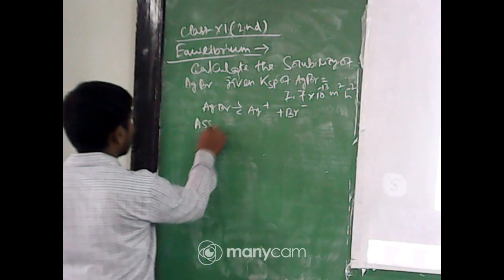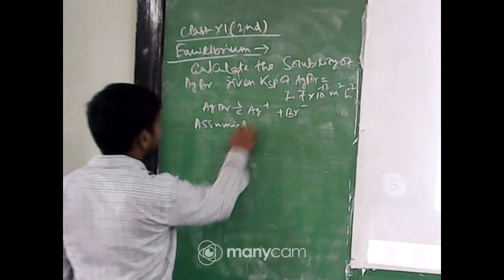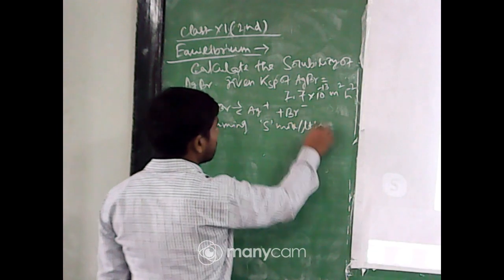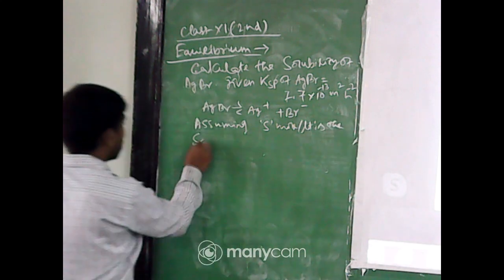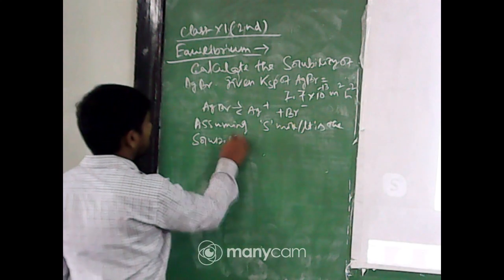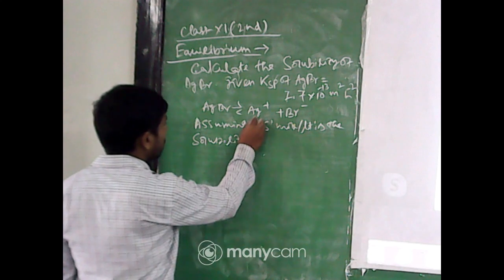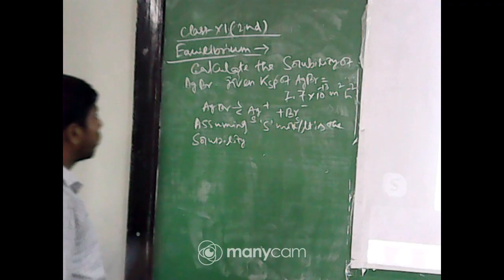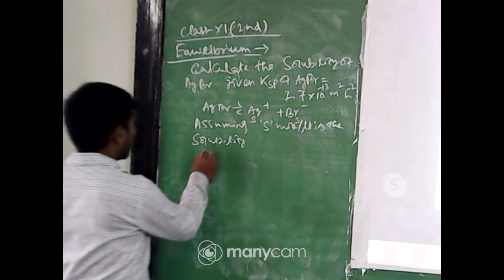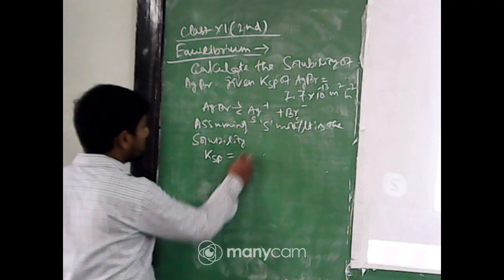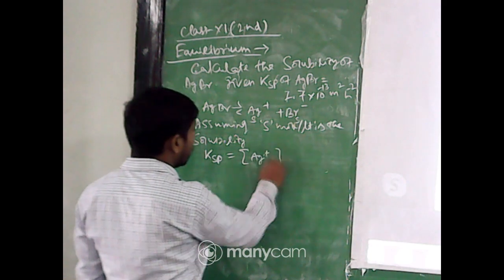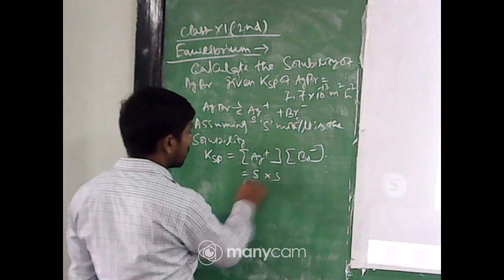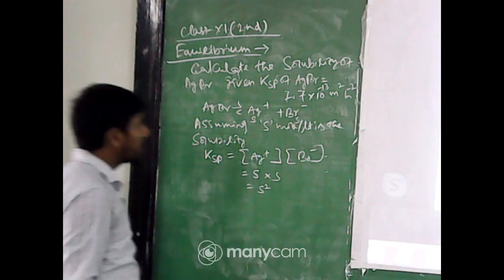Assuming S mole per liter is the solubility, the concentration of Ag plus is S, Br minus also S. So the Ksp equals concentration of Ag plus into concentration of Br minus. From the equilibrium equation it is S into S, that is S square.